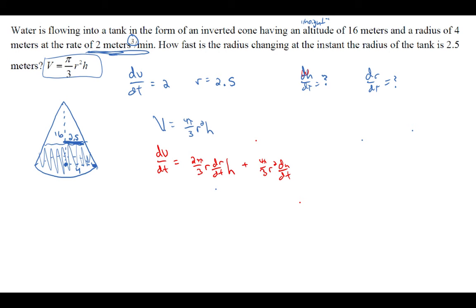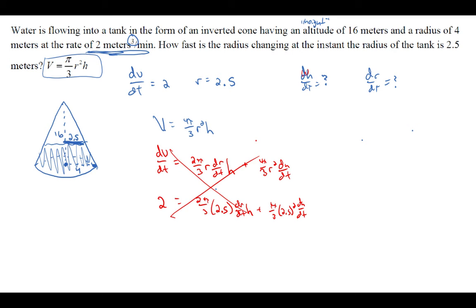The only thing I do know is r, but I don't know dr/dt, and I don't know h, and I don't know dh/dt. So we can't really solve this, because if I started plugging things in, I would get 2 equals 2 pi over 3. R I know is going to be 2.5. dr/dt I don't know. H I don't know. And I could plug in r again, but I don't know dh/dt. So no way at all we could solve this. There's way too much unknown stuff. So this is not going to work.